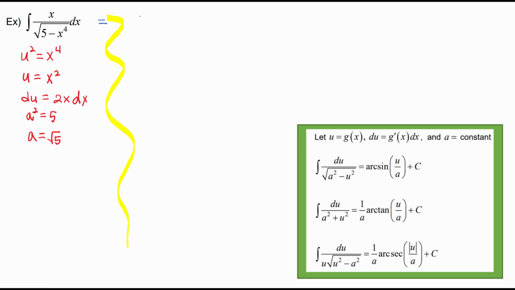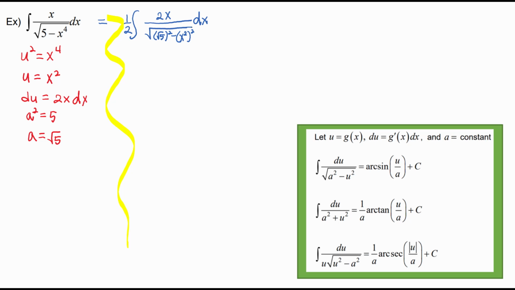So here we go. This is integral of, I need to multiply x by 2, and I need to divide by 2 so that I would have a 2x dx, which is my du. And I have a square root of radical 5 squared minus x squared squared.